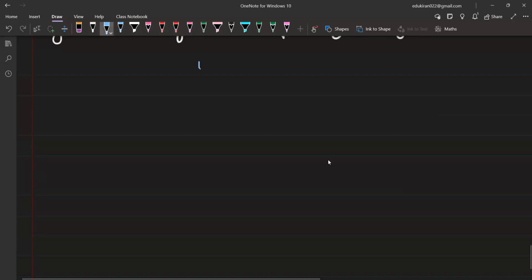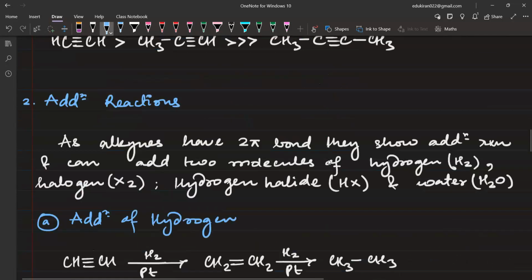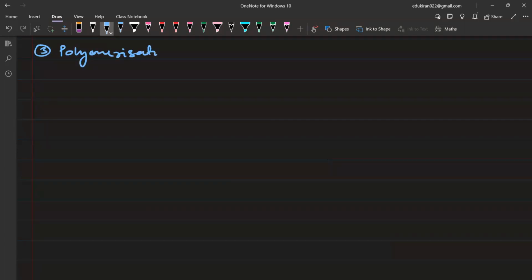Now, polymerization दो किस्म के होते हैं. You can write polymerization. This is the third reaction, that is polymerization. Now, in polymerization, एक आपका होता है linear polymerization.